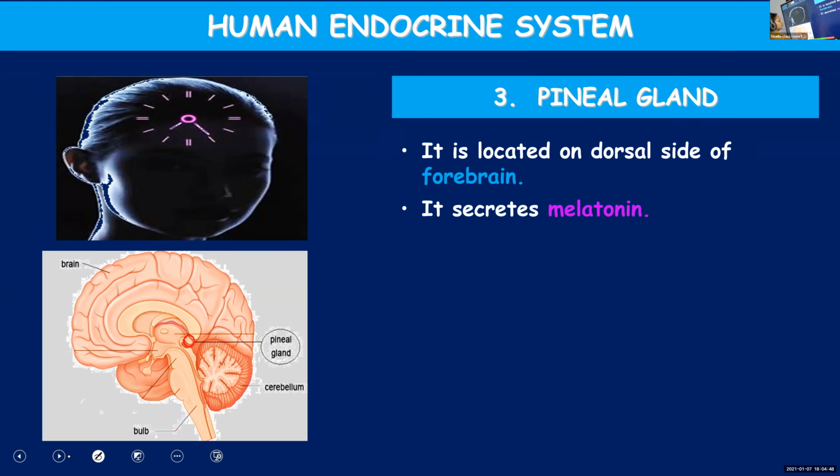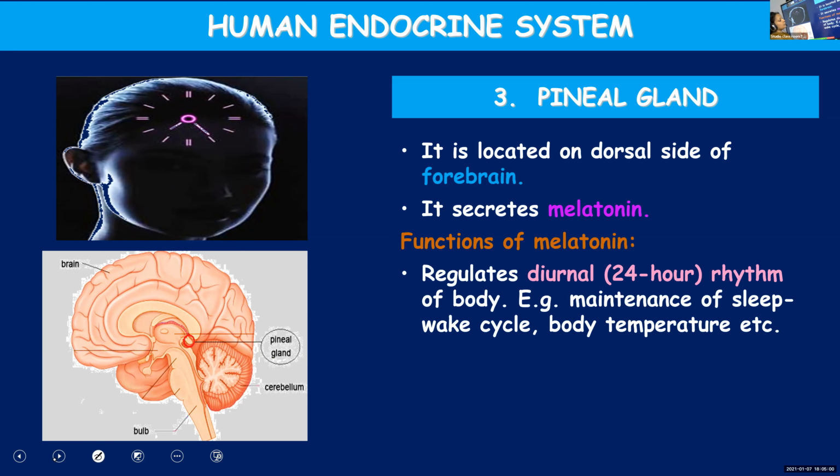It secretes melatonin. It's a very important hormone which controls some specific functions in our body. It regulates the diurnal rhythm, the 24-hour rhythm. So there is some biological clock working in our body.